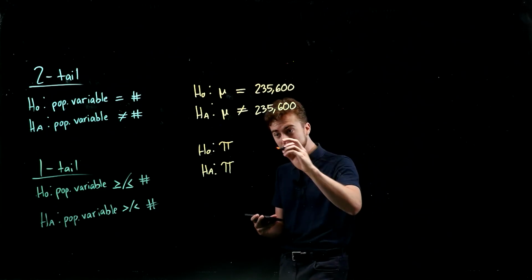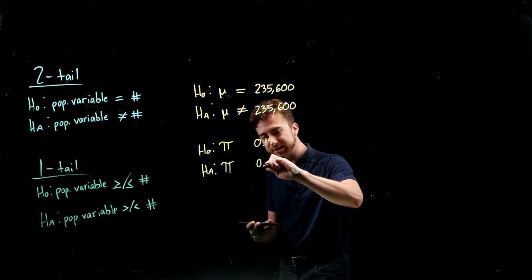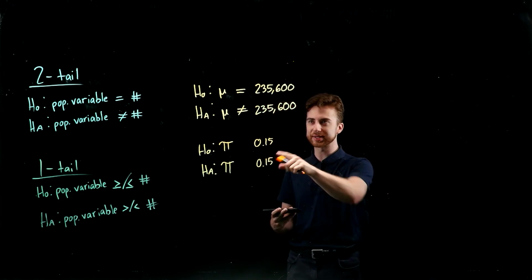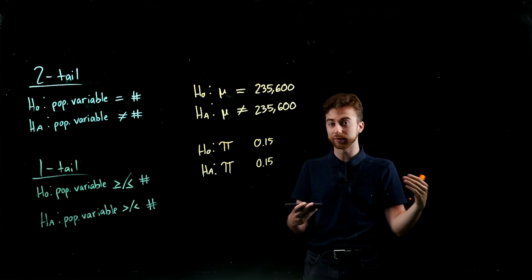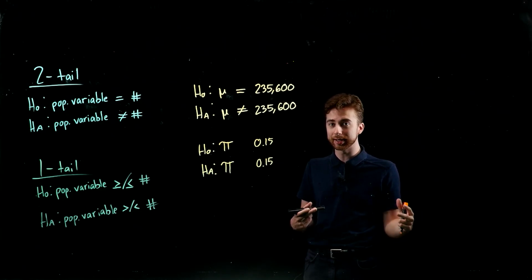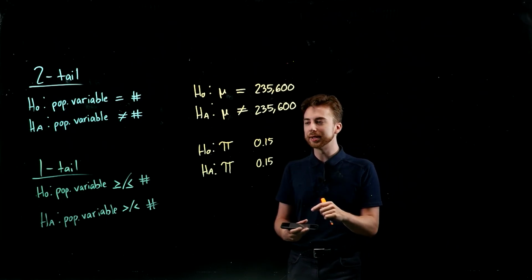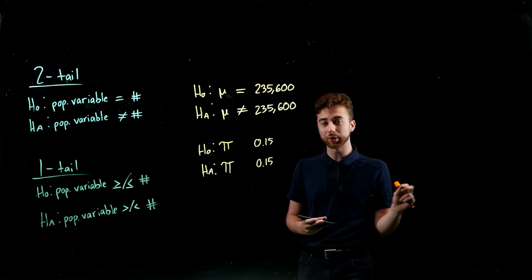So the claim relates to that 0.15, that 15% that they say eventually applies for college. Just like how the national average was $235,600 for life insurance, in this case we're talking about the population proportion, just the juniors as a whole. And so how does it compare? Should we reject the director's claim?